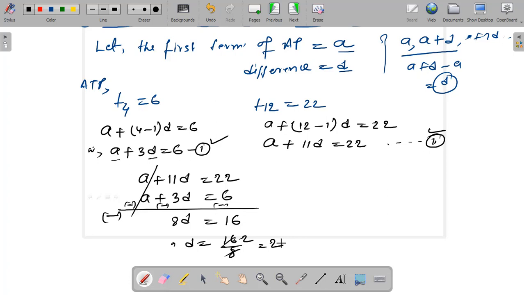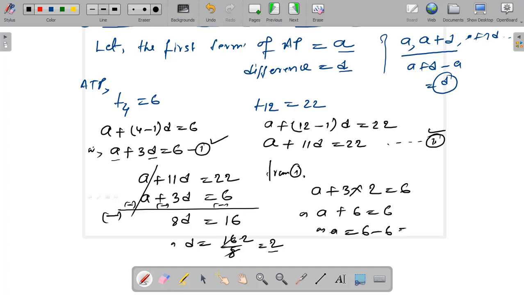Now we have to find the value of a. So from equation 1 we get a plus 3, we place the value of d, that is 2. 3 into 2 is equal to 6, or a plus 6 equal to 6, or a equals 6 minus 6 equals 0.